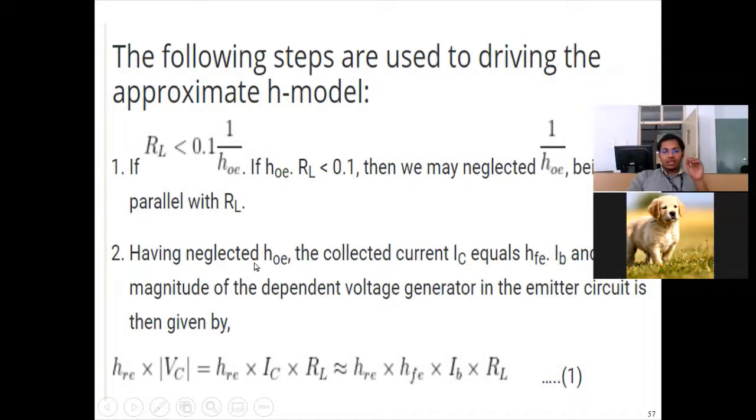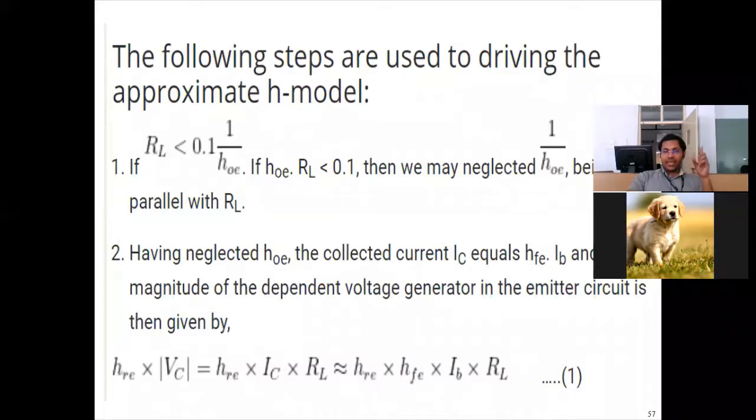Fine. Next, having neglected 1 by h_oe, you are neglecting that component. Then what is that second point we discussed? I_C will be equal to h_fe I_B. I can make another approximation.